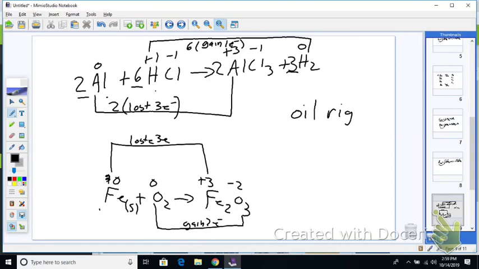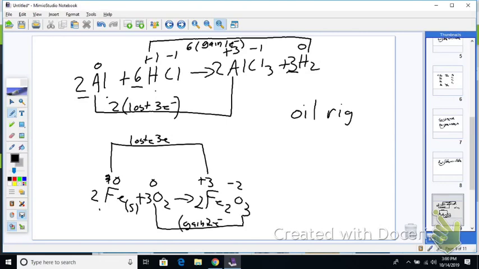6. Okay, so if I put a 2 here, that would give me 6 electrons, right? Can I put anything in front of this here to get, I'd have to put a 3 here, right? Okay, so if I put a 3 there, then I'd have to put a 2 in front of this one. But that's 4. Okay, so how many oxygens actually are moving? 6 of them.